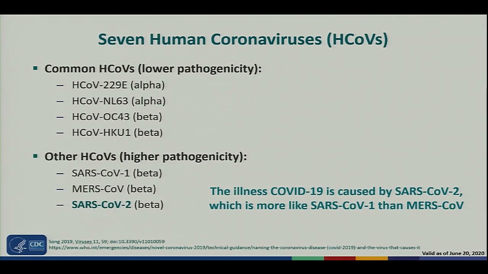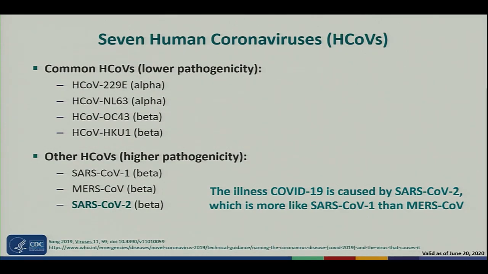So there are 7 known human coronaviruses, called HCoVs for short. The 4 at the top here are generally the cause of mild illness, mostly upper respiratory disease like the common cold. However, the 3 at the bottom are all serious human pathogens that can cause lethal disease. They are also all 3 beta coronaviruses.